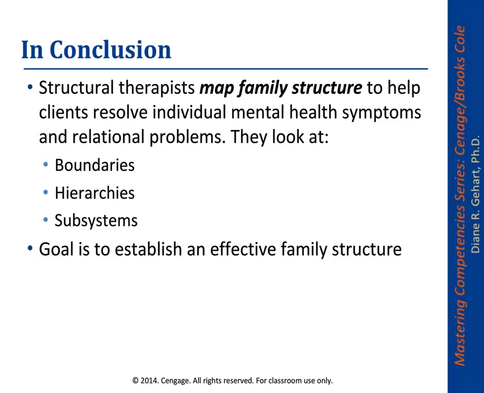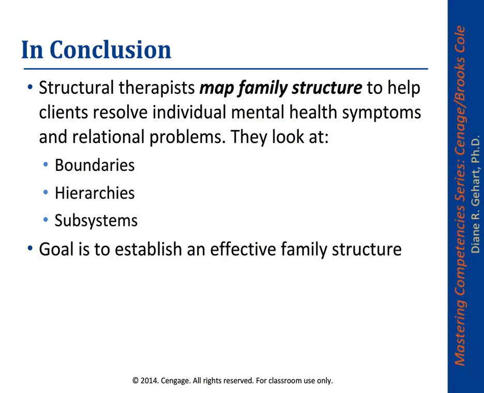So in summary, structural family therapy has been a very influential therapy model, both in the beginning of family therapy up into contemporary practices. What it does differently is that it maps family structures, looking at boundaries, hierarchies, and subsystems. This is a very efficient, quick, easy to grasp way to deal with some of the very complex dynamics that go on in families.